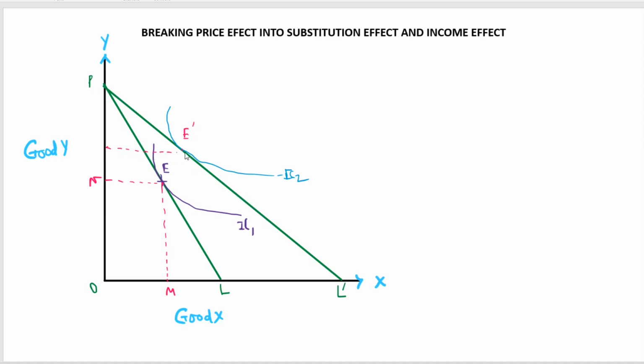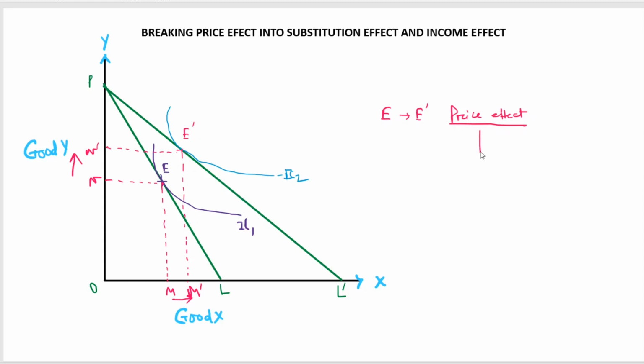So the consumer is buying ON dash amount of good Y and OM dash amount of good X. So you can see there is an increase in consumption of both the goods, good Y as well as good X. Now the total shift, that is from E to E dash, is actually the price effect. The price effect is the change in consumption of the consumer due to the change in price of X.